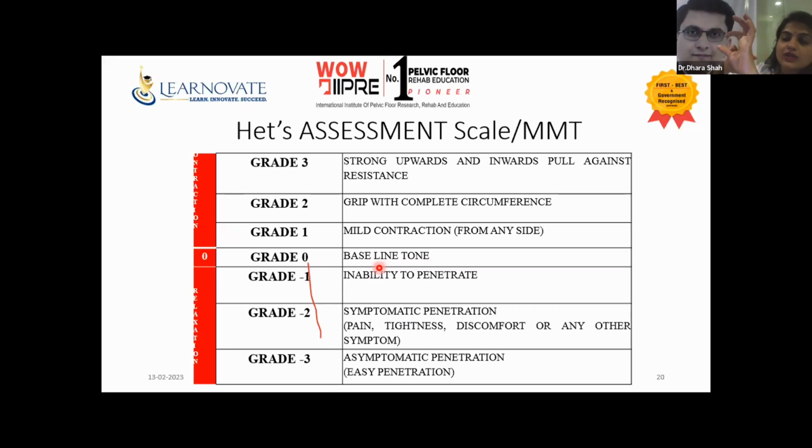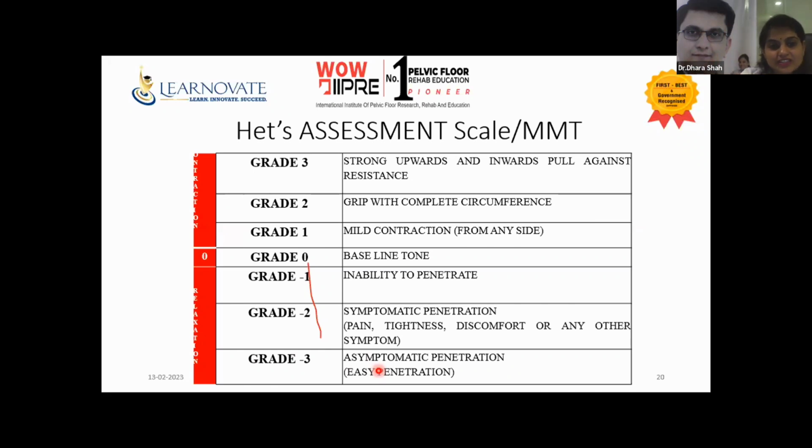These are the relaxation grades, which help you understand how relaxed the pelvic floor muscles are. Ideally, our pelvic floor should be -3, asymptomatic penetration. If you give a command to your patient to relax, she is able to relax, and there is absolutely no pain anywhere inside, that is a completely relaxed pelvic floor.